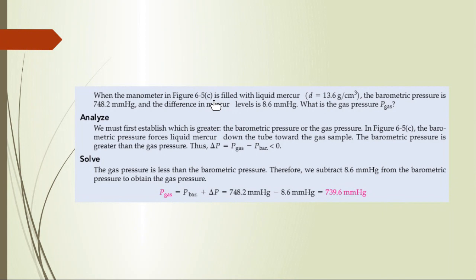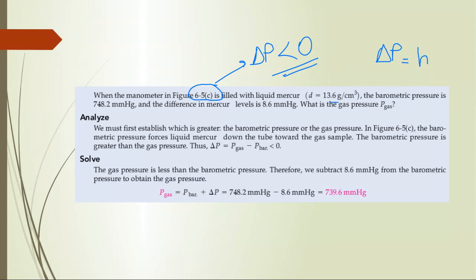That means, here, the C, don't forget the pictures: delta P smaller than zero means the negative one. Actually, we can call this H, the difference between the pressures.